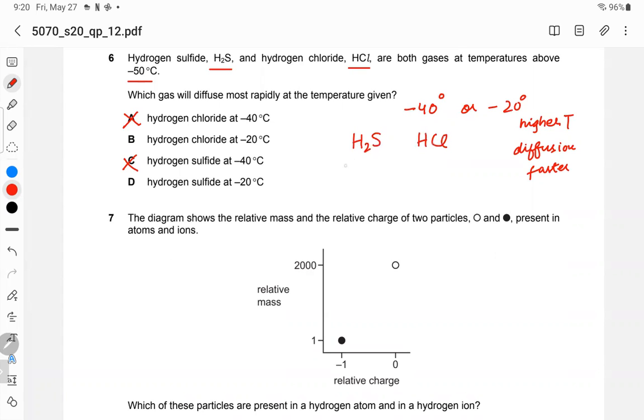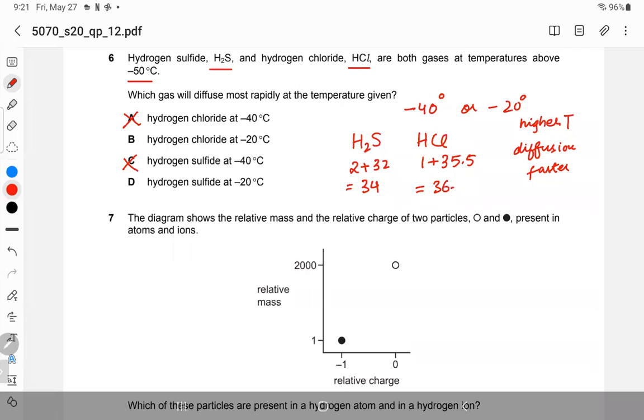So hydrogen, there are two hydrogens, so their mass is 2 and sulfur is 32, which makes the whole mass 34 Mr. And if I talk about hydrogen chloride, it is 1 hydrogen and 35.5 is the mass of 1 chlorine, which makes it 36.5.